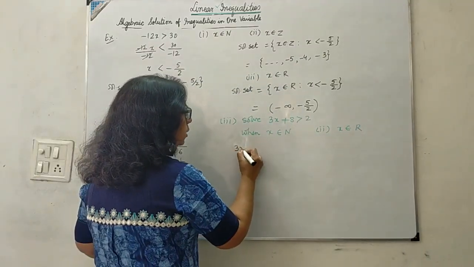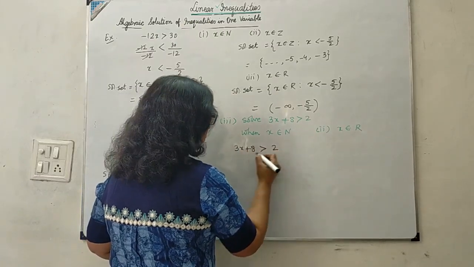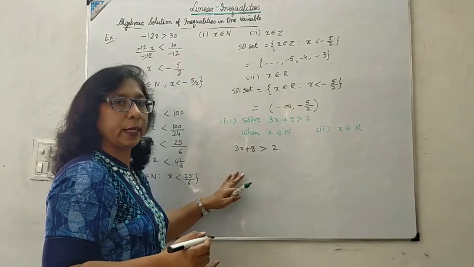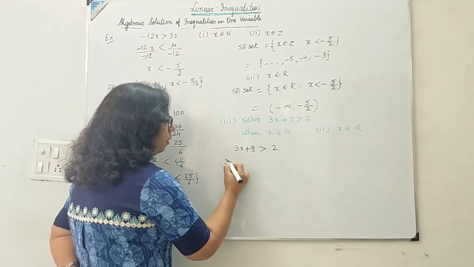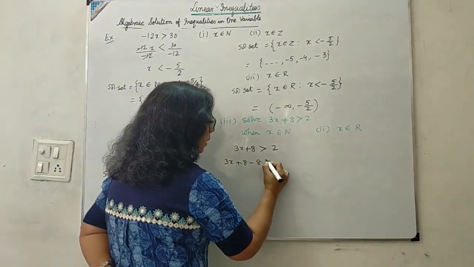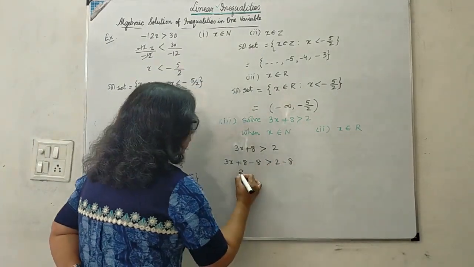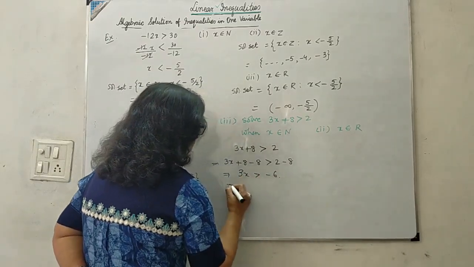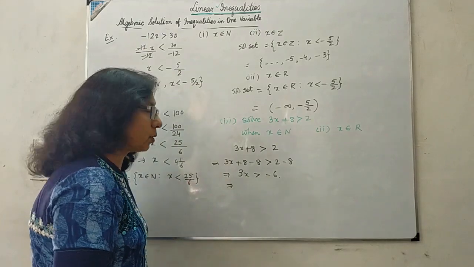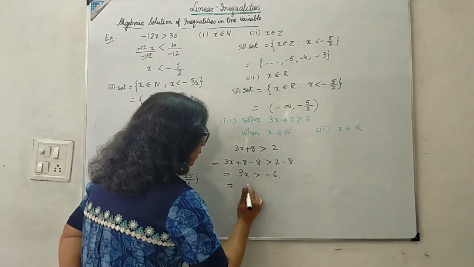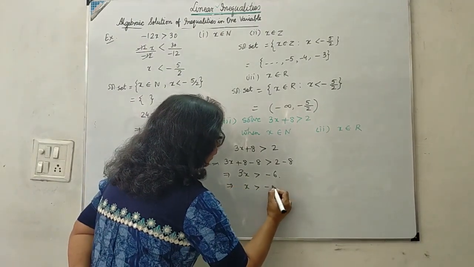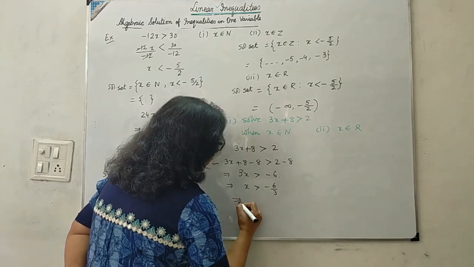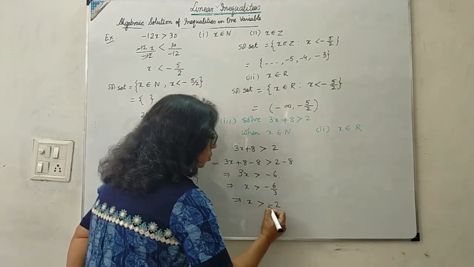Now for 3x plus 8 greater than 2, we first subtract 8 from both sides. So 3x plus 8 minus 8 is greater than 2 minus 8, which becomes 3x greater than minus 6. Now we want to find x, so we divide both sides by 3. So x is greater than minus 6 by 3, that means x is greater than minus 2.